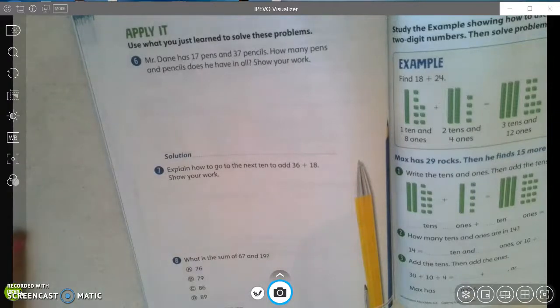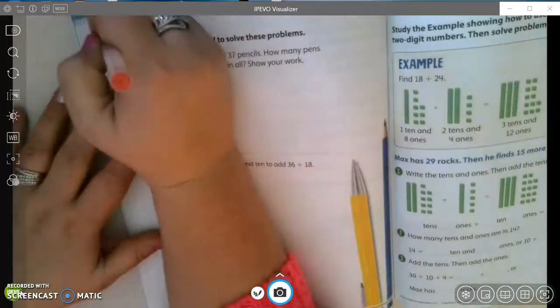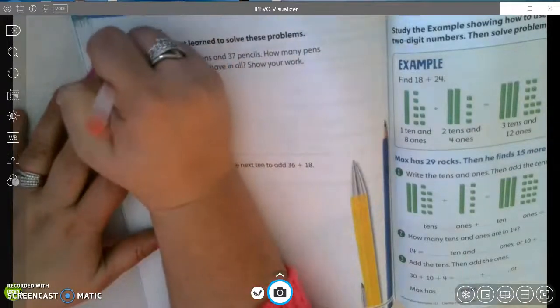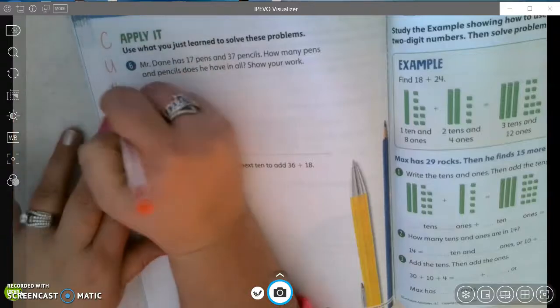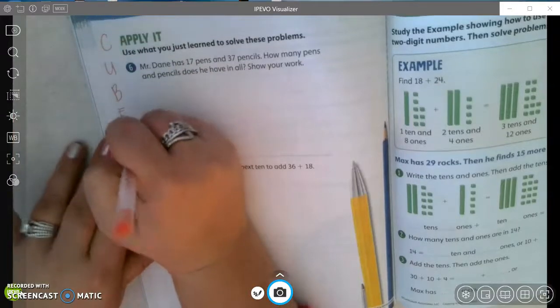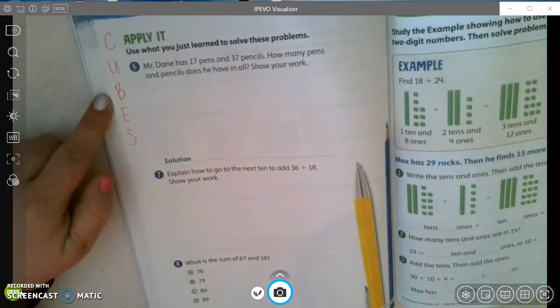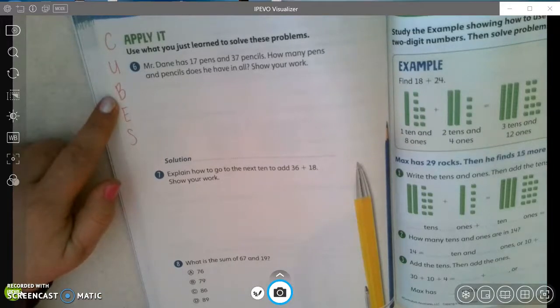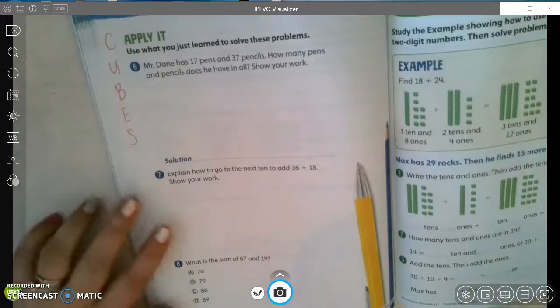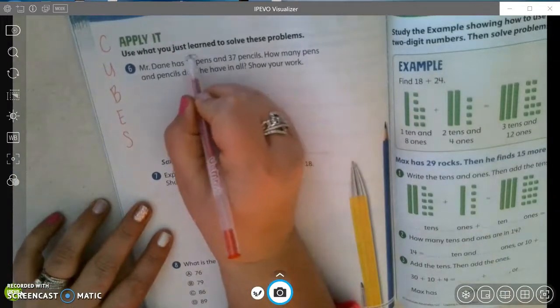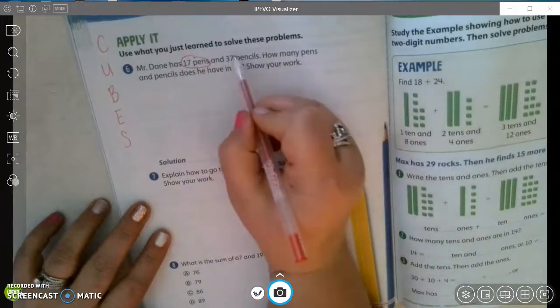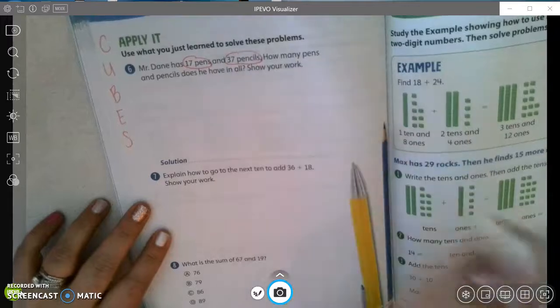So if you remember cubes, and I did give you the cubes as like a bookmark. I'm thinking if you don't have this but you would like this, just let me know and I will get you another copy of it, okay? So he has 17 pens and 37 pencils.